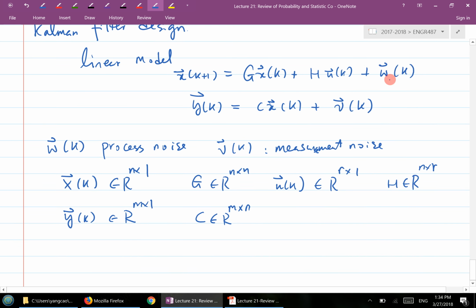And the process noise and the sensor noise: the process noise is an n by 1 vector, and the sensor noise is an m by 1 vector.